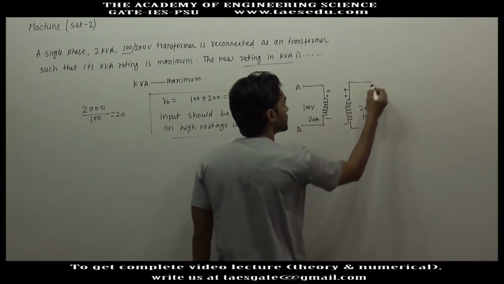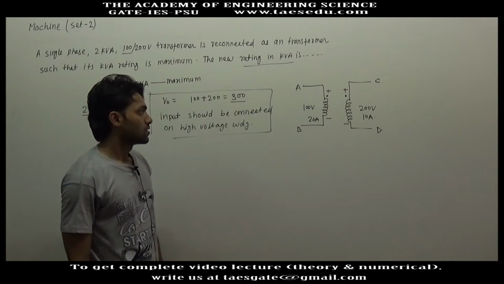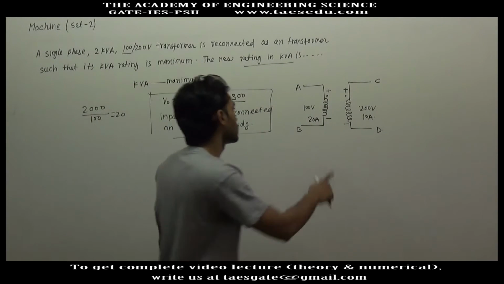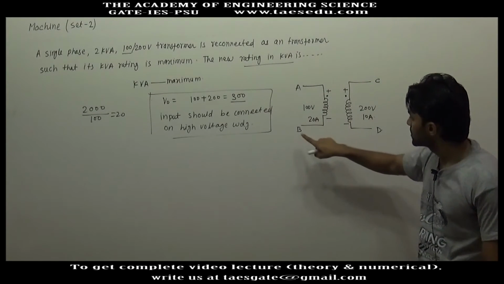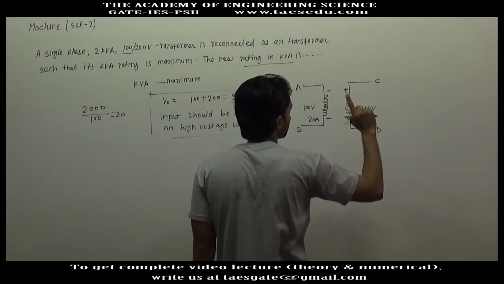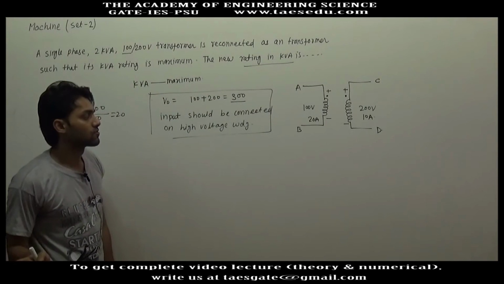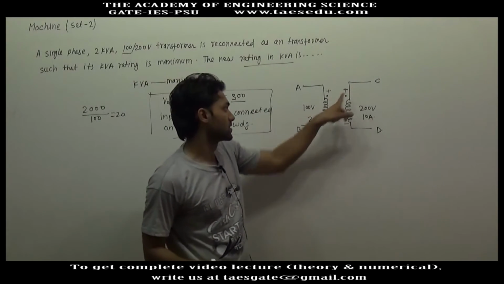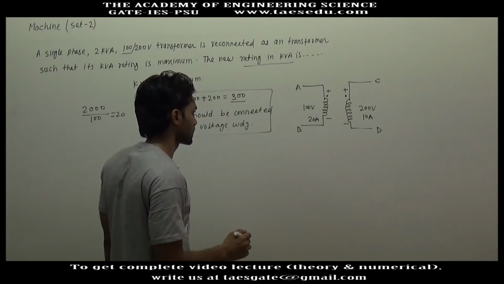Let's say this is A, this is B, this is C, this is D. So in the output you will get summation of these two voltages when either A and D are connected or B and C are connected. In the question of set 1, we connected B and C. So in this question, let us connect A and D.